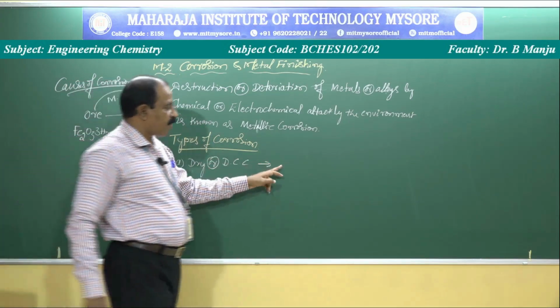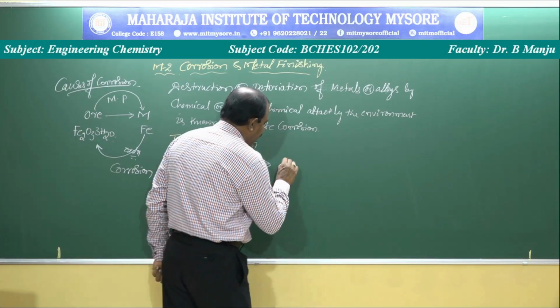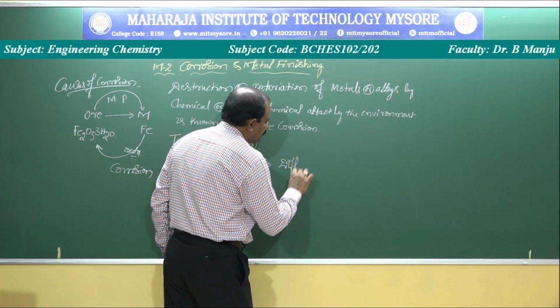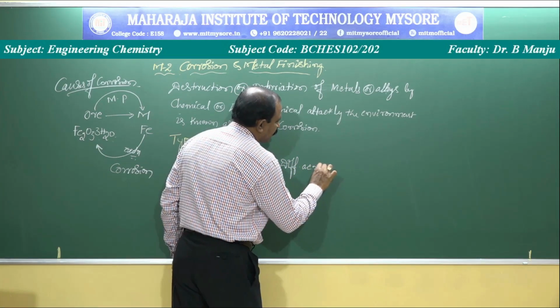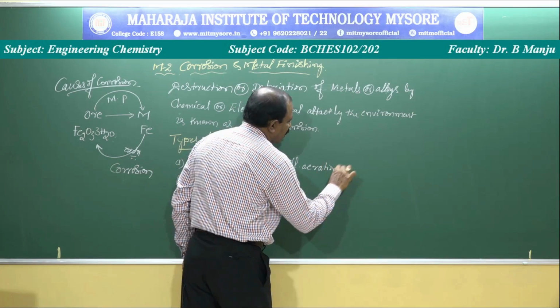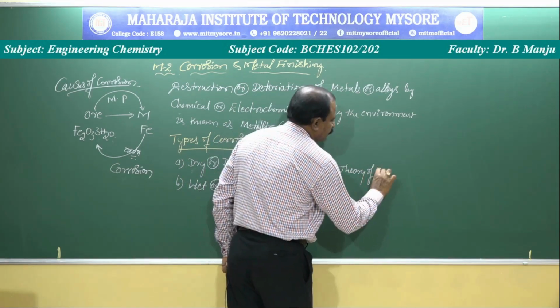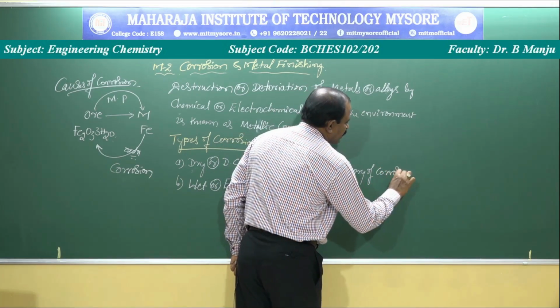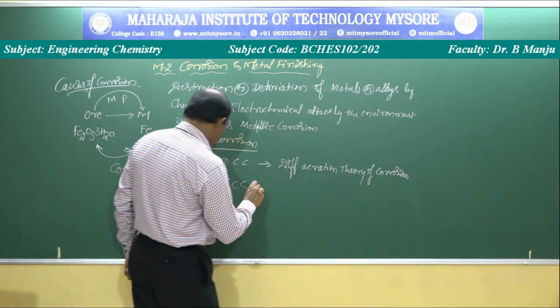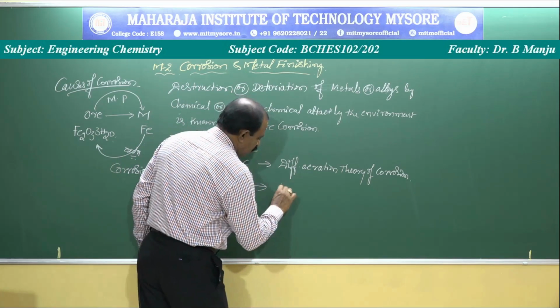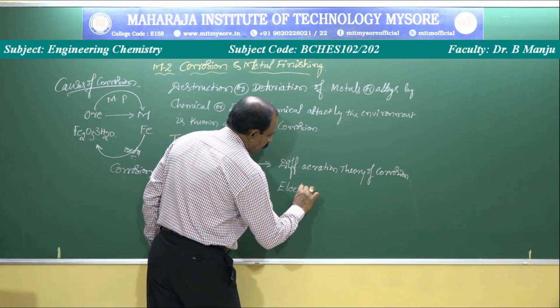Dry corrosion is explained by the differential aeration theory of corrosion, and the second one is the electrochemical theory of corrosion.